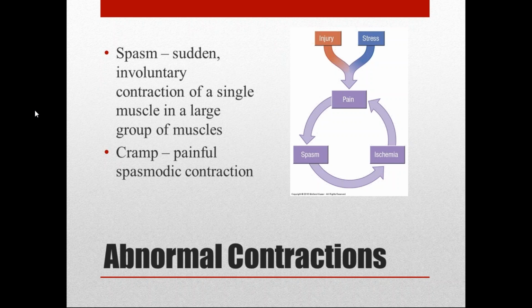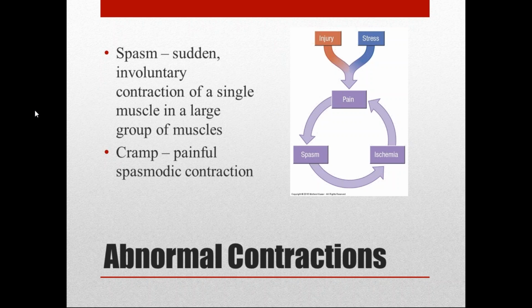So it would be a spasm if it was just one muscle, like just your gastroc, but it would be a cramp if it was your tib posterior and your soleus and your gastroc all cramped up together. Okay, so that's how specifically it's looked at. But of course, a lot of people use those terms completely interchangeably.